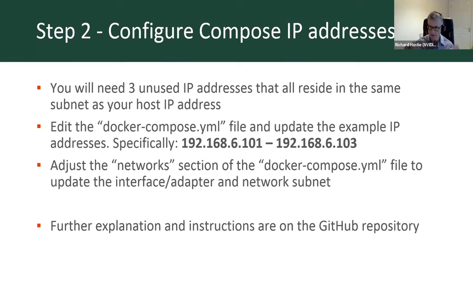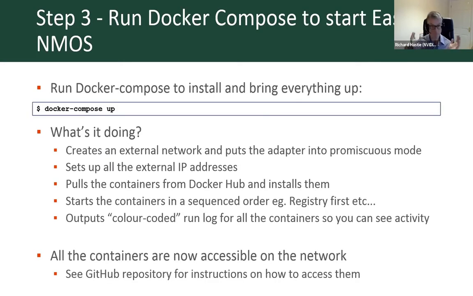That really is about as much configuration as you have to do. You have to find these 3 unused IP addresses, configure them in the Docker Compose YAML file, and make sure you set the network correctly and the adapter, and that's it. Once you've done that piece of configuration so that you tailor our script for your network, you're pretty much ready to go. And then the third step is just run it.